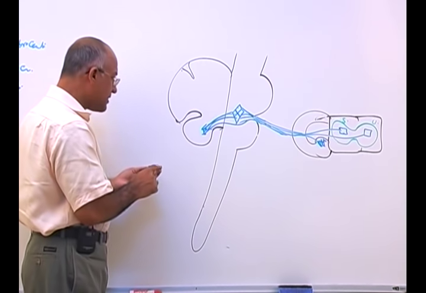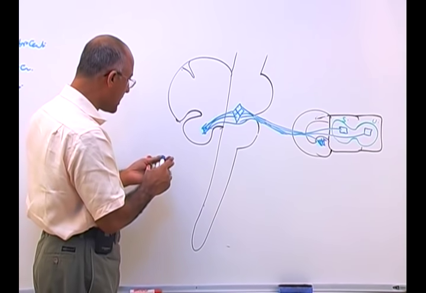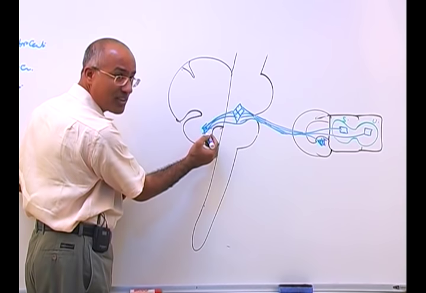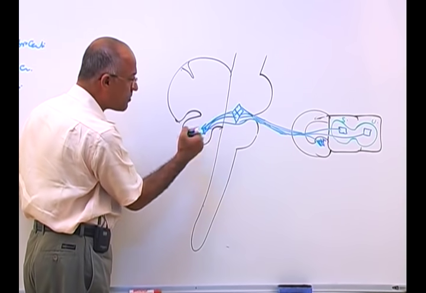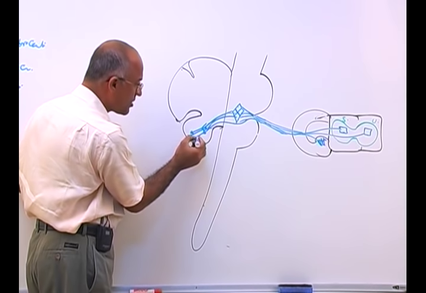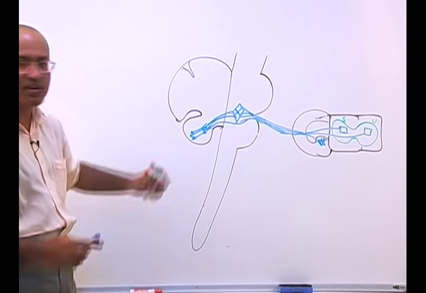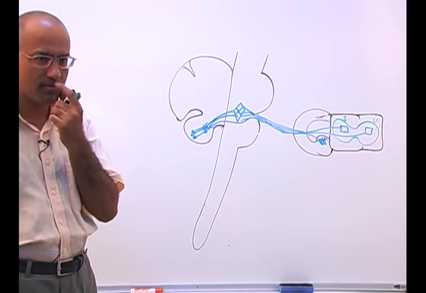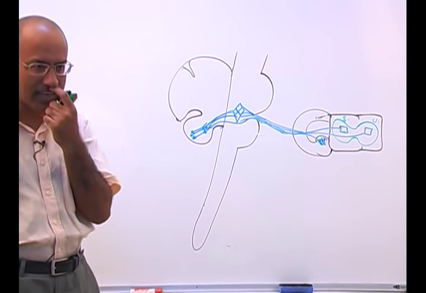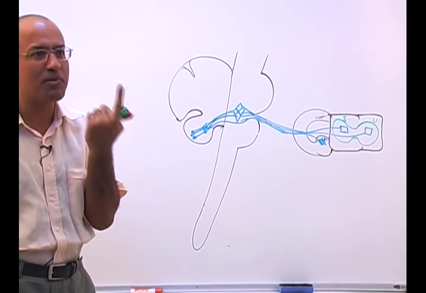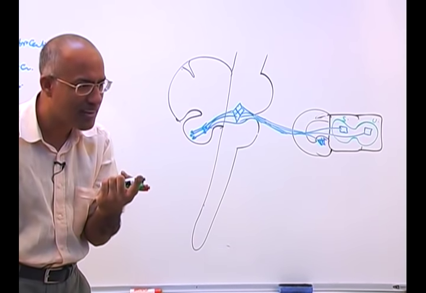Now, these fibers go to the flocculonodular lobe, the most primitive cerebellar part, and reach up to the cortex. Are these fibers climbing or mossy? They are mossy, because climbing fibers only come from the inferior olive.